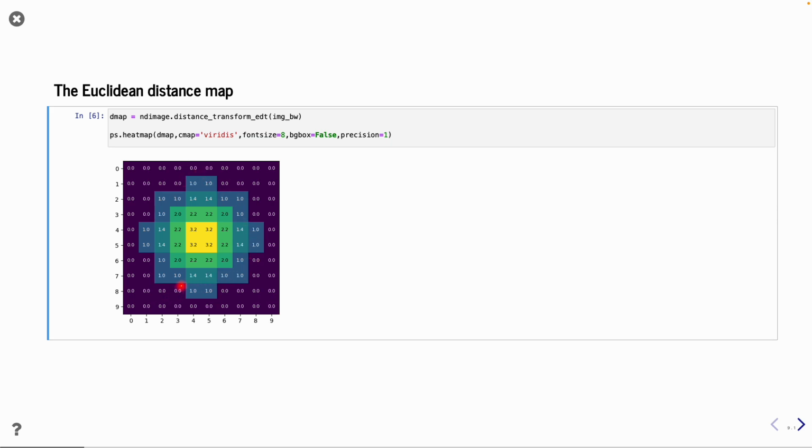Then when you have the diagonal, we have 1.4, which is square root of 2. We have 2.0, which is this one, 2.2, 3.2, and so on. So this is what the Euclidean distance map would give us.